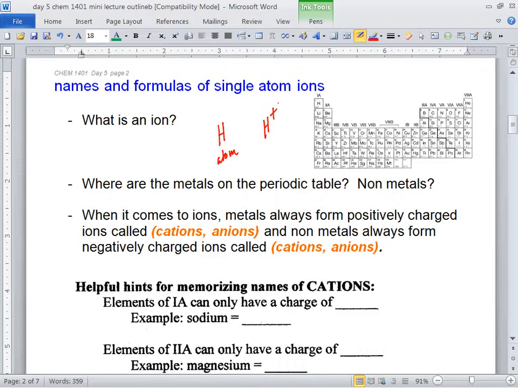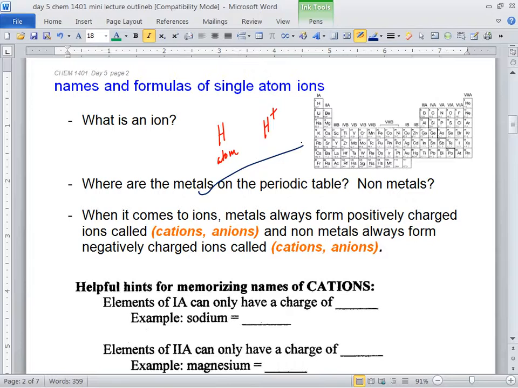Now, for us to name these, it really helps to identify the metals and the nonmetals on this periodic table. There's all of our atoms. If I wanted to circle all the metals, would I circle a small portion of this table, Bowdy, or a huge portion?